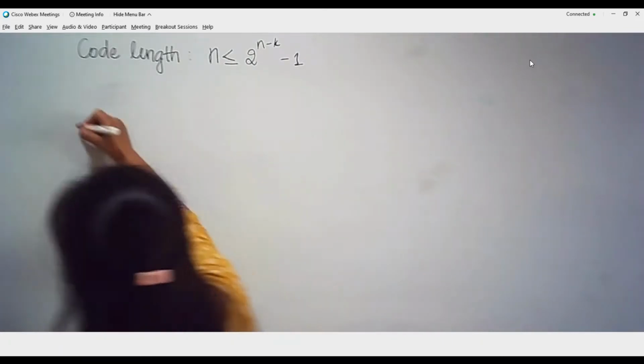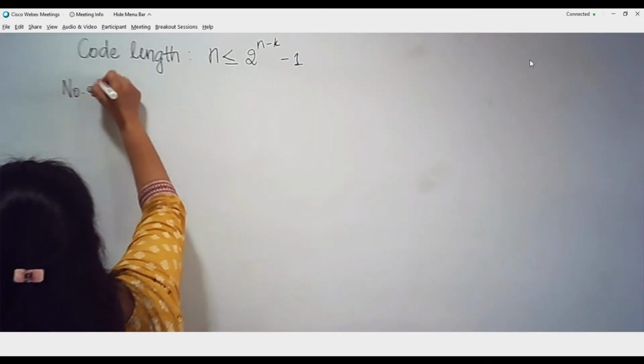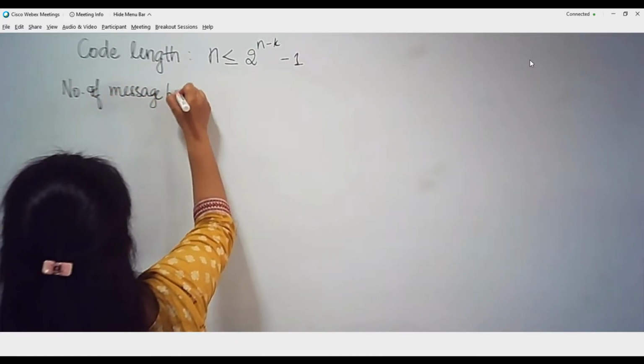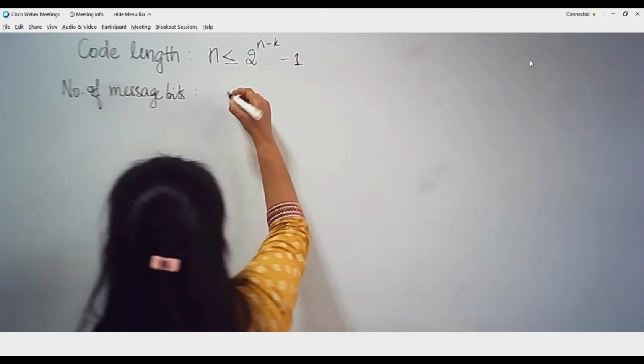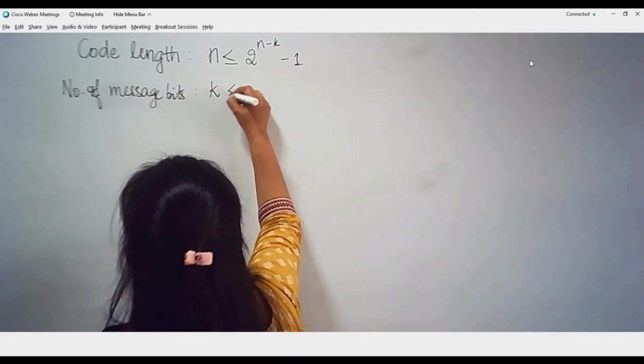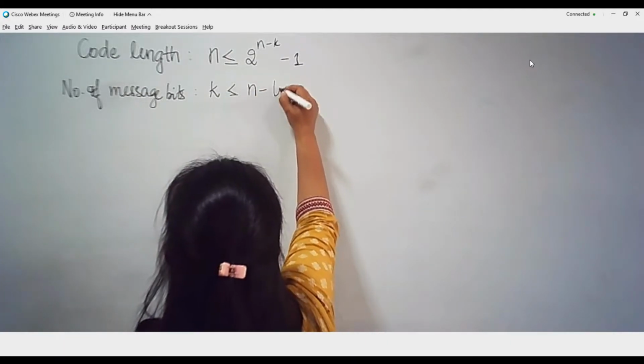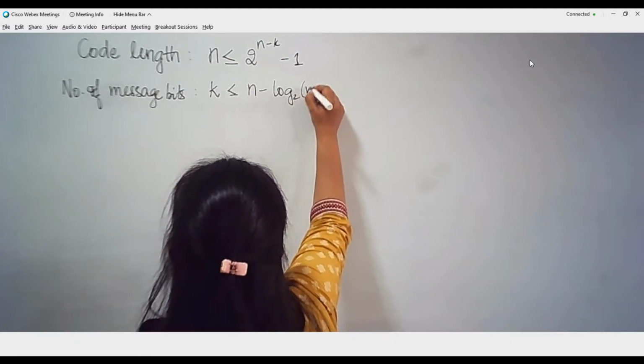The number of message bits used in the coding of a linear block code can be expressed as k should be less than or equal to n minus log to base 2 of n plus 1.